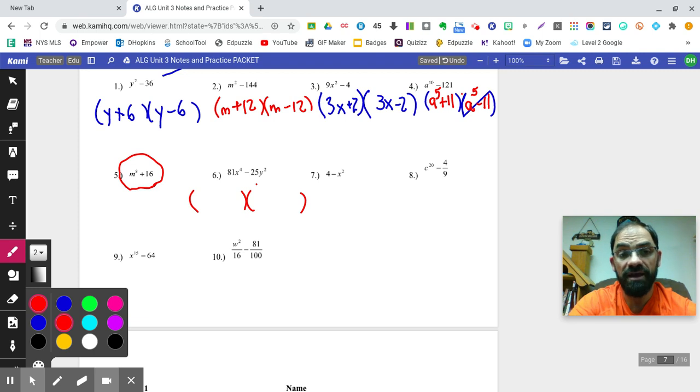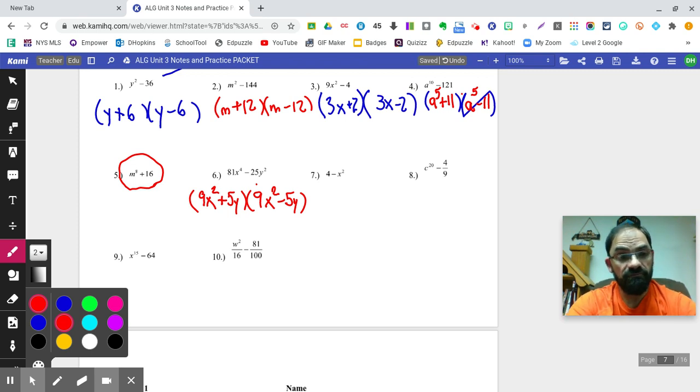Half of x to the 4th is x squared. So we have 9x squared times 9x squared. Then 9 times 9 gives me 81. X squared times x squared gives me x to the 4th. Since it's separated by a minus, one is positive, one is negative. The square root of 25y squared is 5y times 5y.